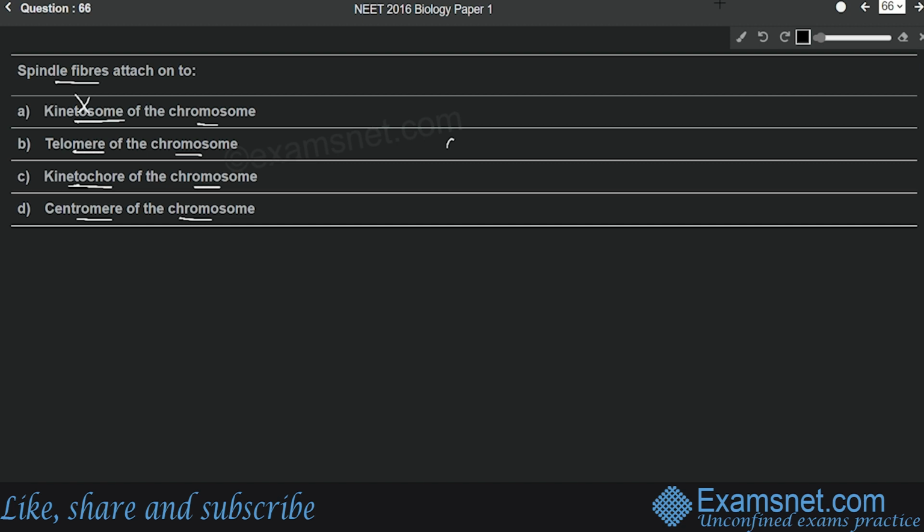So if we draw the structure of a chromosome, then it looks something like this. Okay. The middle portion is the centromere. These are chromatids, chromatid arms, right? Now, the surface of the centromere has a disc-shaped structure of protein known as kinetochores.